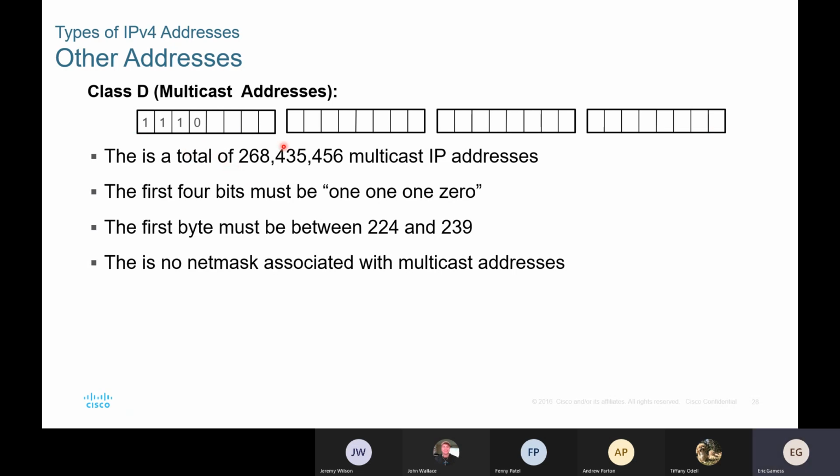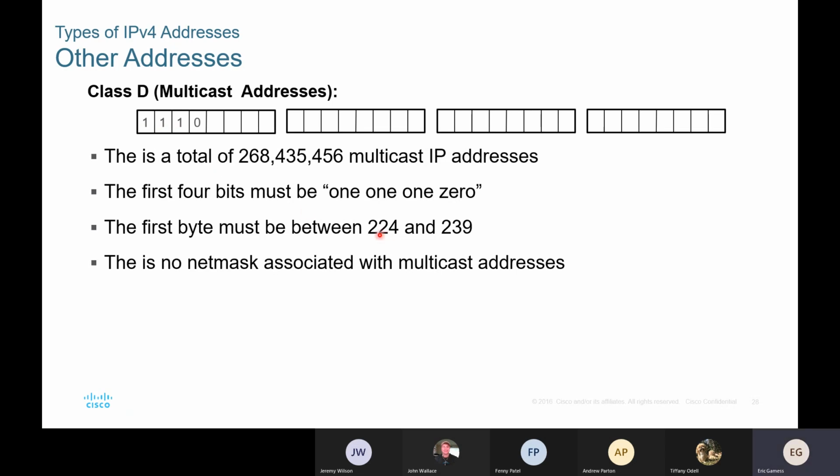So if I ask you, what will be the range of the first byte if the IP address is a multicast address? We need to find the minimum value and the maximum value of the first byte. How do I get the minimum value? I will fill these 4 bits that are free with 0. If you put 0, 0, 0, 0 here, this number will be 224, which is 128 plus 64 plus 32.